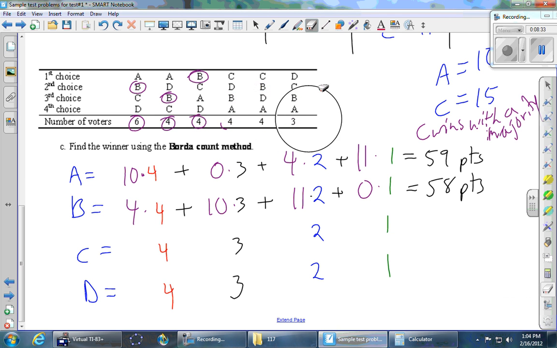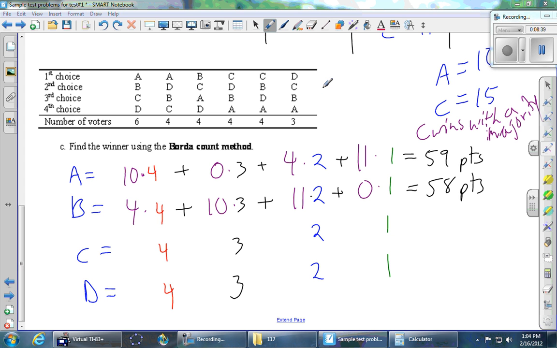So let's get rid of all this stuff in here. And now move on to C. So only looking at C. First place votes, 4 and 4 is 8. Second place votes, 4 and another 3 is 7. Third place votes for C. Looks like just that one column, which is worth 6.